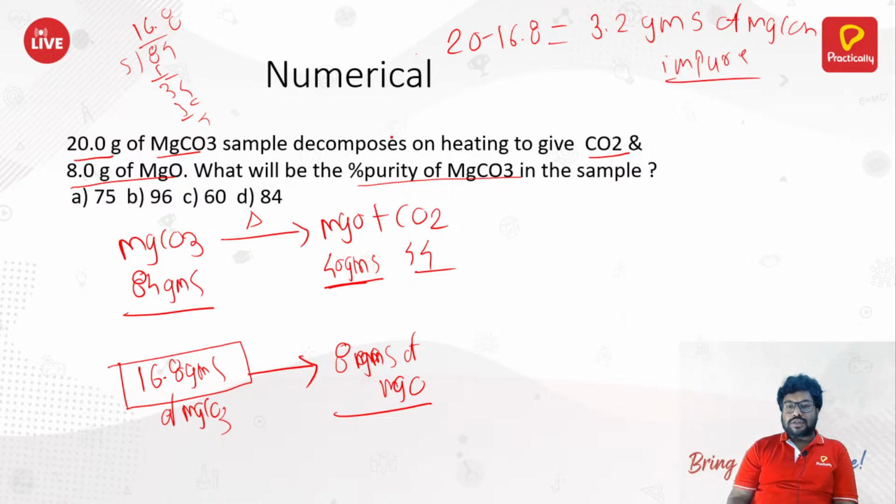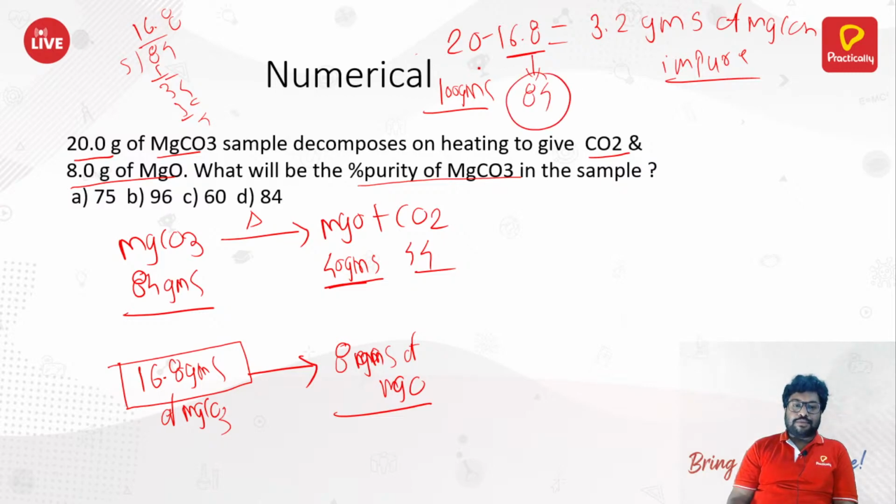So we need to find the percentage purity, right? They ask us to find the percentage purity. So if 20 grams contains 16.8 grams pure, then 100 grams will contain 16.8 into 5, which is 84.